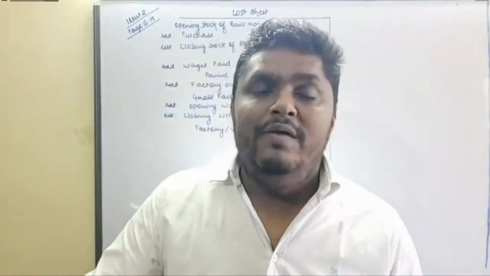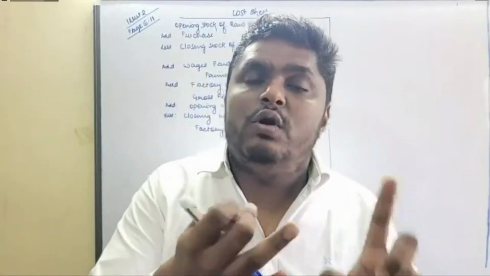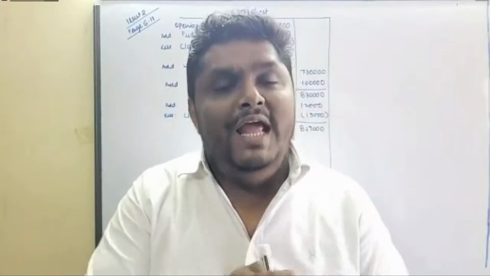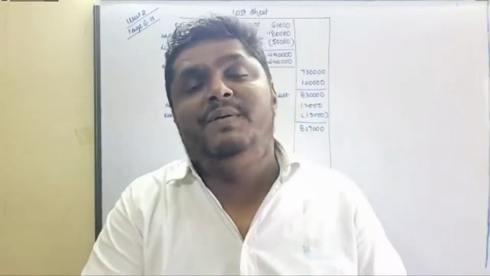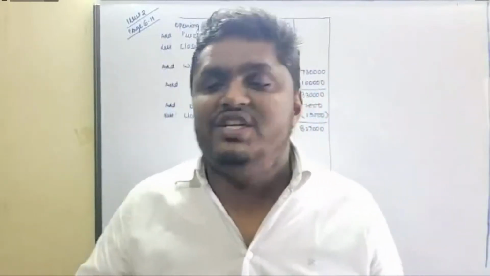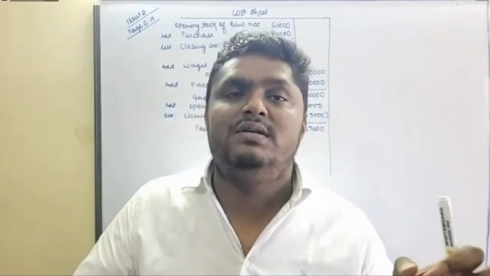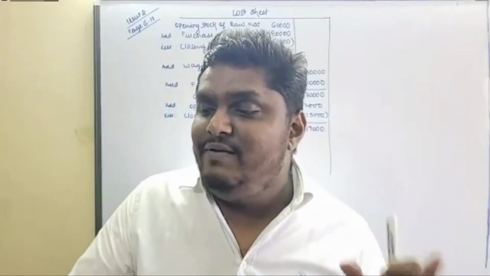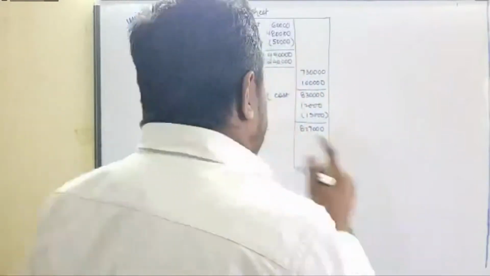Now, after calculating the factory cost or work cost, we will add 4 items: quality control cost, research and development cost, administration overhead related to production, and primary packing cost, and we will subtract credit for recoveries. Now, no information is given in the question as regards quality control cost and research and development cost. But yes, information is given that administration overhead related to production is how much? 50,000.